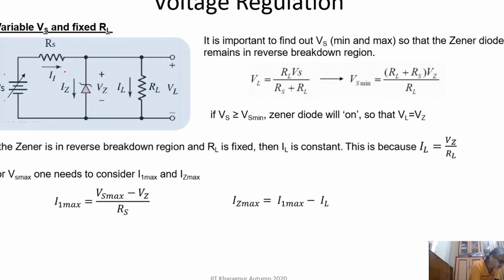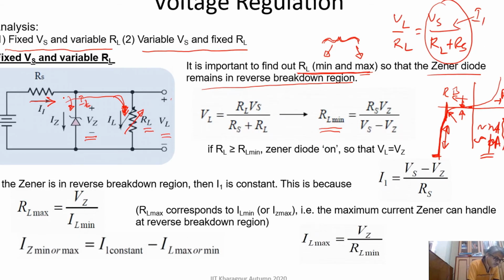So we can write VL over RL is equal to Vs over Rs plus RL. From here we can write the expression for the value of RL, and that is RL min, because we are assuming the Zener is on the verge of breakdown. So RL min is this.